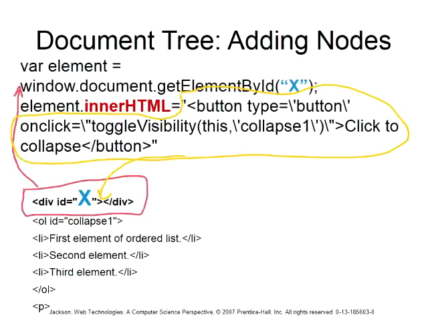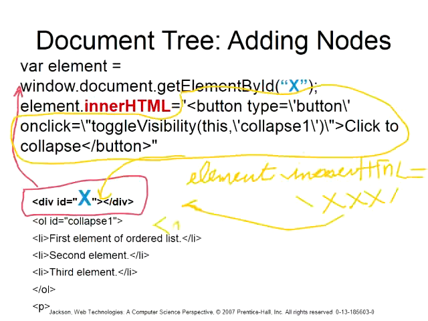So for example, if I write element.innerHTML equal xxx, here we will find div id equal x, after that xxx and div.